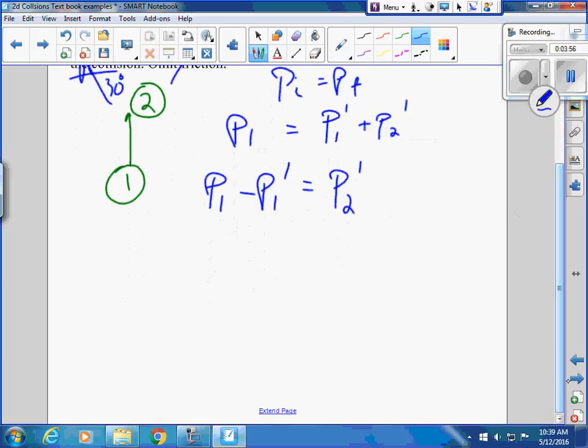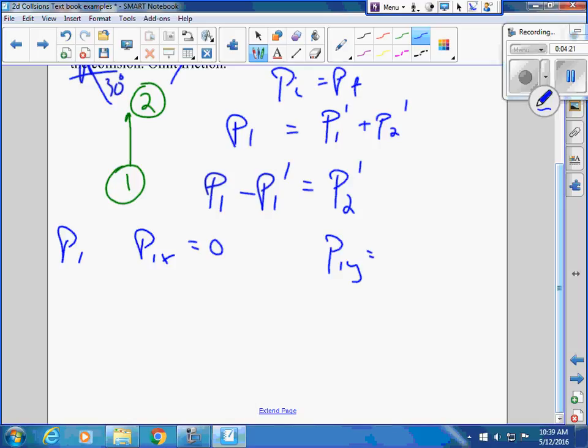Okay, so let's find the momentum x and y components of P1. P1x, P1y. Well, rock number 1 is going straight north, so it has no x component at all. The y component is the entire momentum.